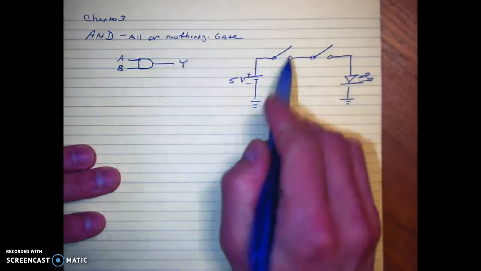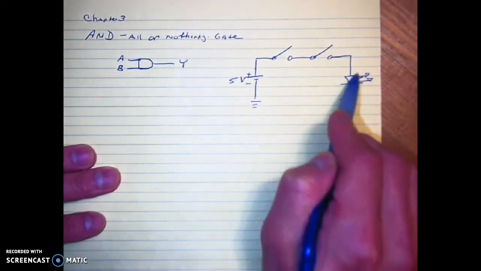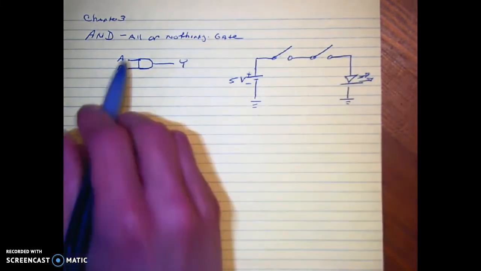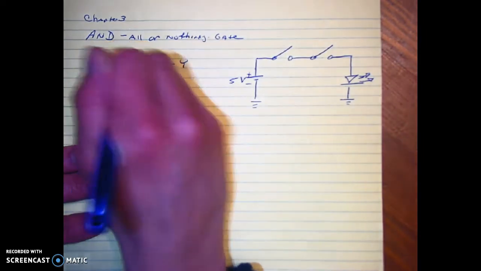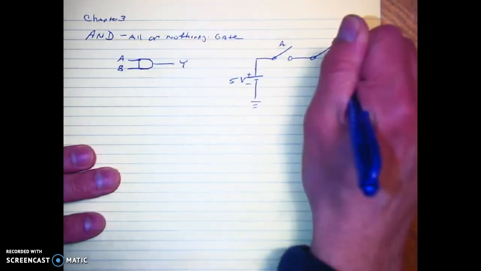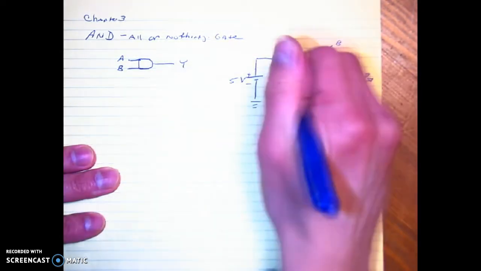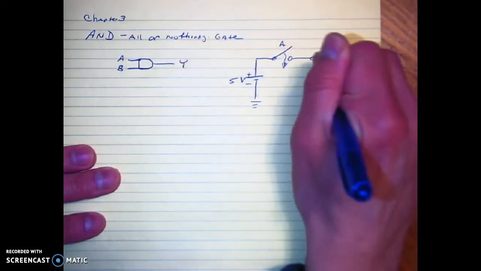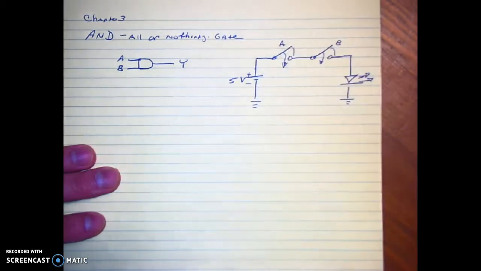An AND gate is basically this switch and this switch must be on in order for this light to turn on. So in this case, we need a 1 on A and a 1 on B. Let's call this A and this B. If A is on, that means this switch is closed, and B on means this switch is closed. This light will turn on.